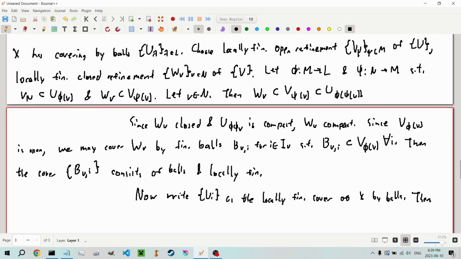Then each U i is open and compact, and meets finitely many U j's.